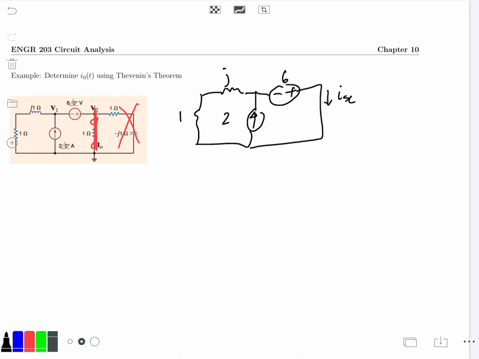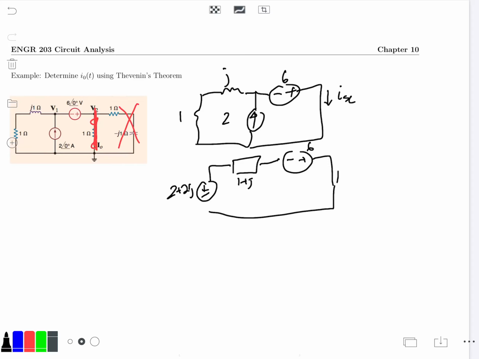So I combine the current source. It's going to be 2 plus 2J, and we have this 1 plus J here, and then 6. And my ISC then is going to be the total voltage, which is 8 plus 2J, divided by the impedance 1 plus J. So that gives me my ISC here.